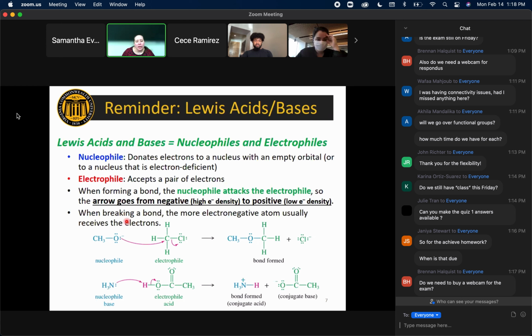What I wanted to point out on this slide is that when we're forming a bond, the terminology that has become custom for chemists is to say that the nucleophile attacks the electrophile. What that means is that electrons are moving from an area of high electron density or a negatively charged area, whether that's a formal negative charge or a delta negative charge, towards a positively charged area with low electron density.